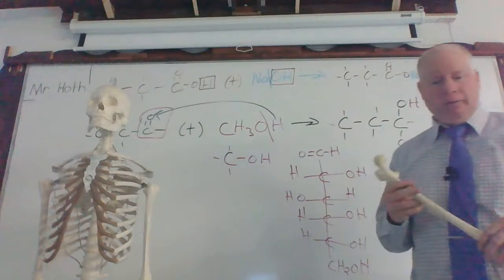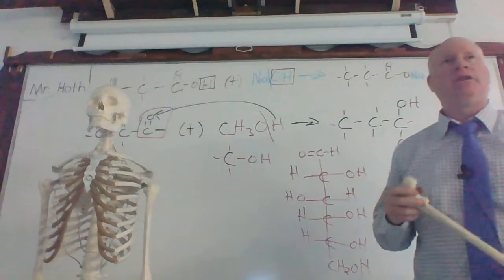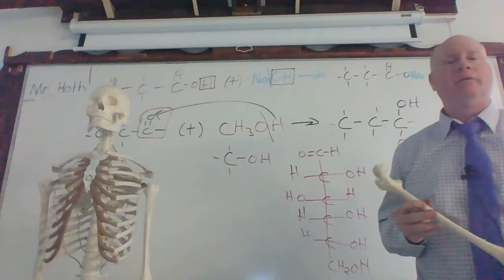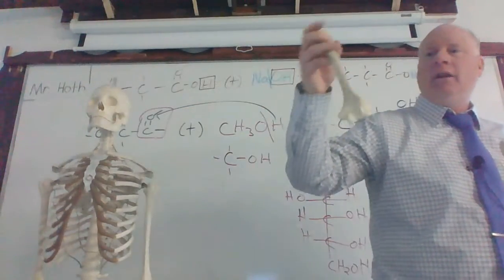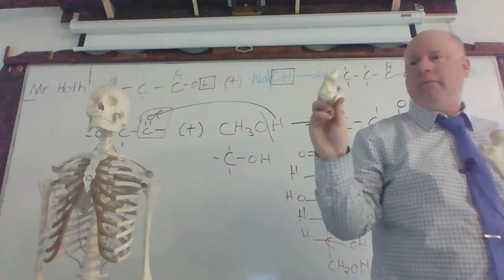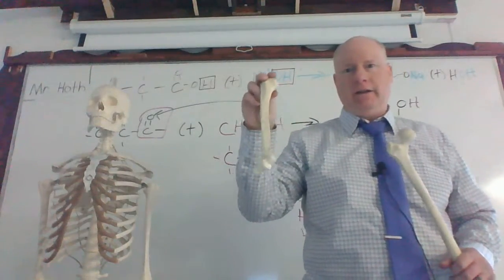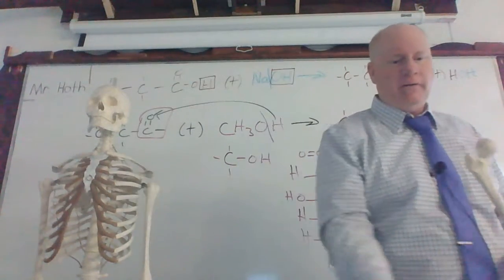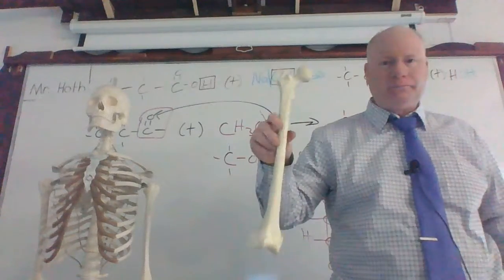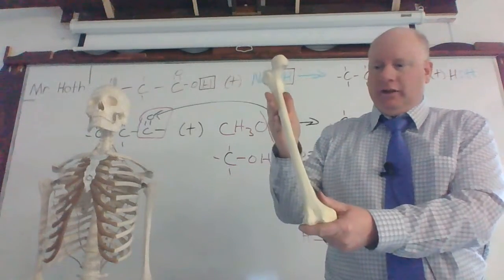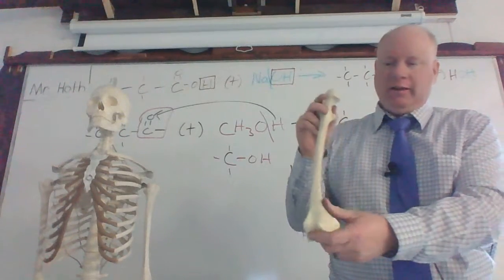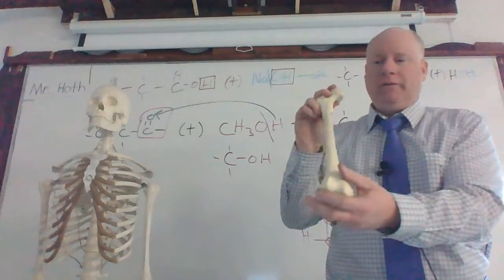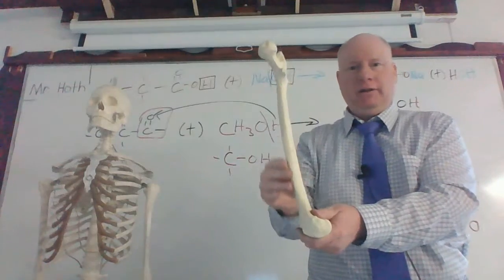But if you ask the average person, the shape of their bones, oh, it's just a straight shaft that goes down. Of course, we know that that's not the case, because with these long bones, that's fairly straight, but there's a little bit of curvature there. But especially with a femur, you can see that it does bow just a slight little bit. Maybe not so from left to right, but from front to back, it certainly does.